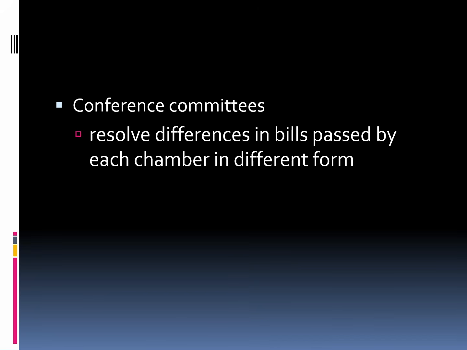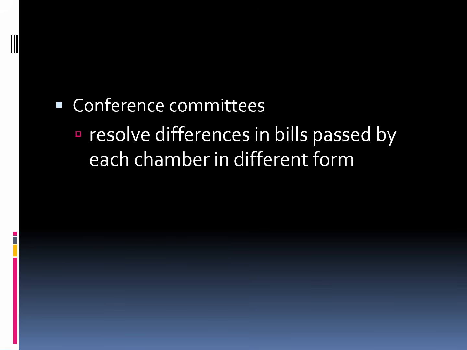Another type of committee is called a conference committee. The conference committee comes more towards the end. If two bills are passed by each of the chambers, then only one bill can be voted on to find out if we're going to pass it or not, and for it to advance to the governor. So the governor can look at it, sign it, veto it, whatever he's going to do.